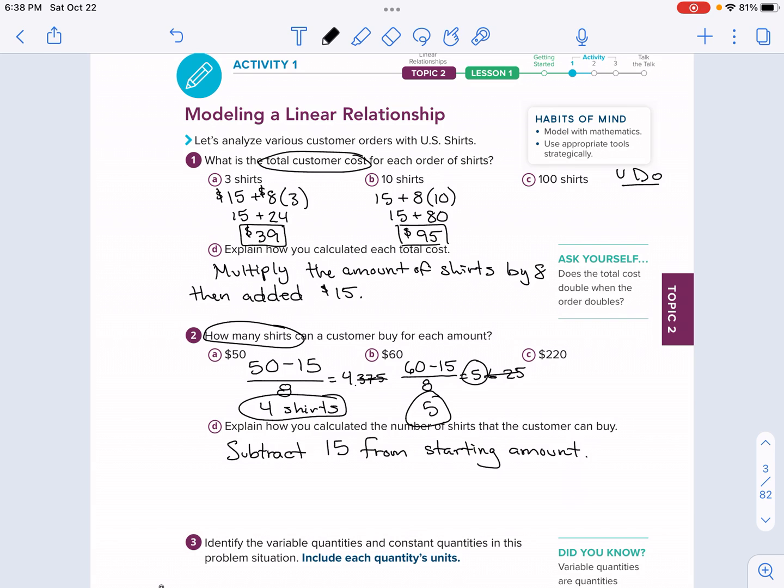And then the remaining value was divided by 8, since it's $8 per shirt. Okay. And then we had to ignore any remainder, right? Because you cannot purchase a partial shirt.